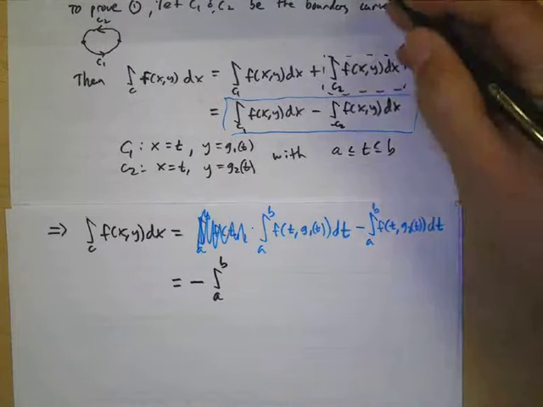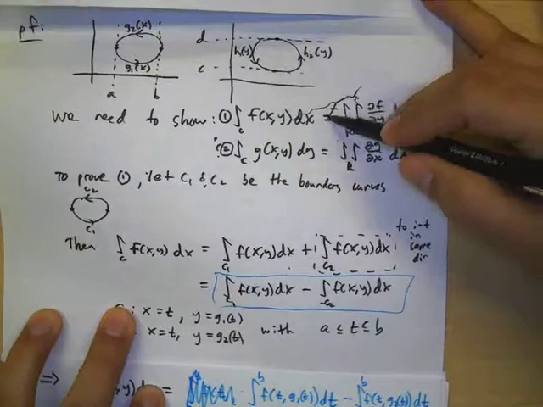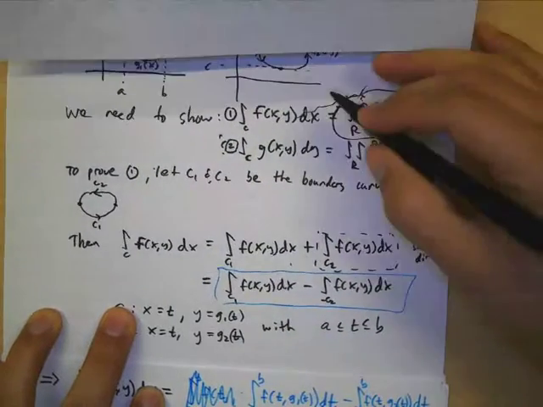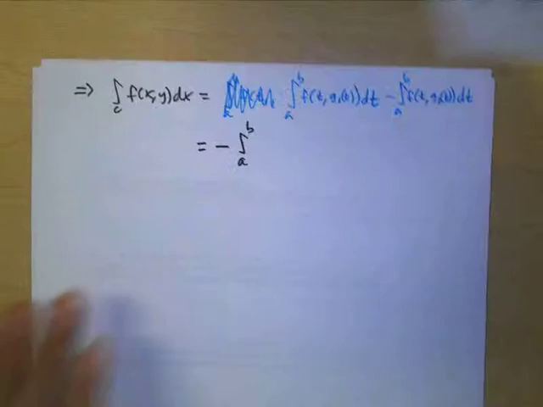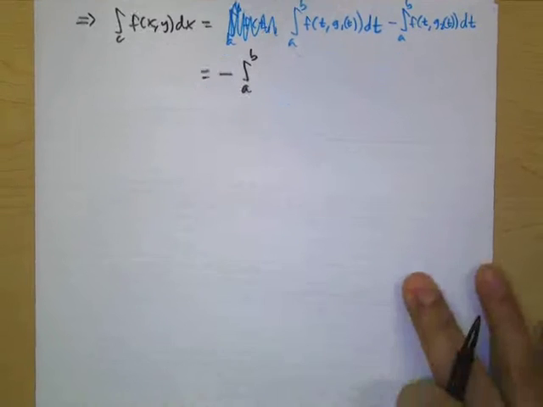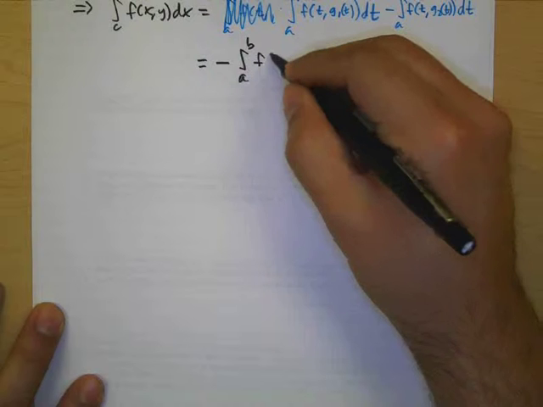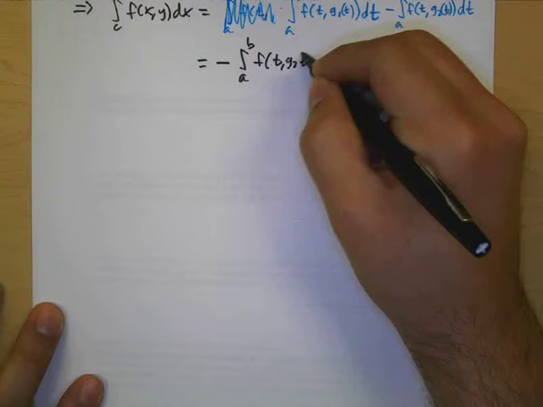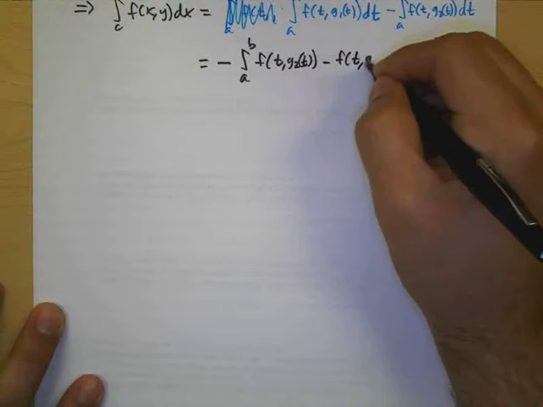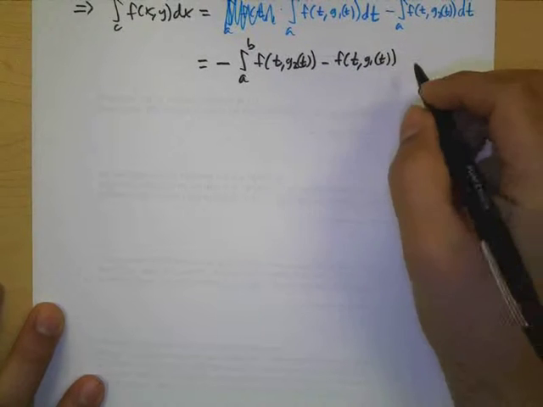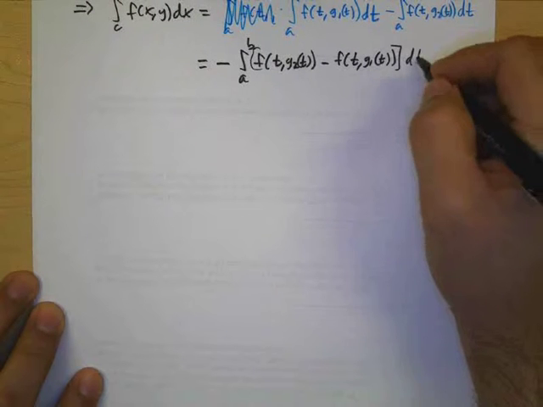We needed a negative on our right side of the equation there, so it makes sense to do that. Okay, so if we take the negative out, now I'm going to put f of t comma g2 of t first, minus f of t comma g1 of t, and now that's with respect to t, so dt.